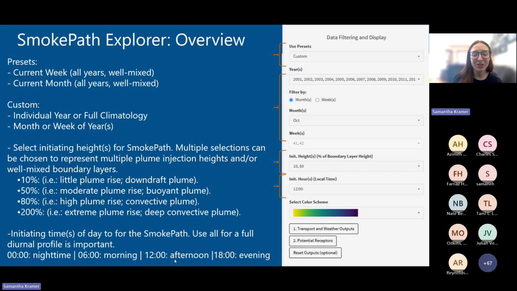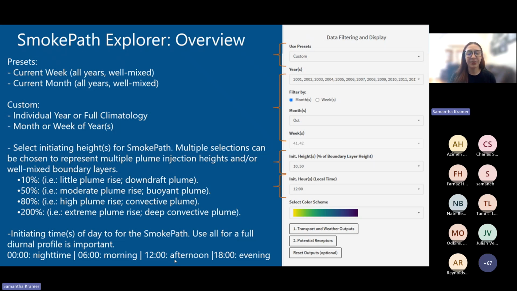You're more than welcome to say, you know what, I'll just select all the heights because I'm not super worried about the plume height just yet. I'm just trying to look at the fire weather itself. Or if you're knowing you're going to be doing a big multi-day burn, you definitely want to represent the full mixed layer. So you would want to use 10, 15, 80%. Again, I will be going over this in detail with our case studies.